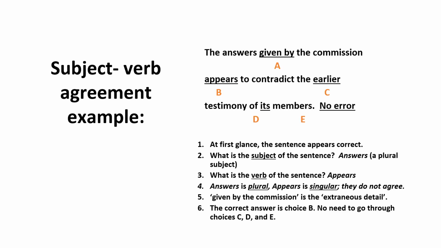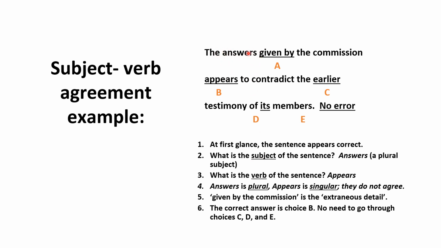Here is another example. The answer given by commission appears to contradict the earlier testimony of its members. At first glance, the sentence appears correct. Now you have to look at each part of the sentence one by one to see if there is any violation. The subject is answers.